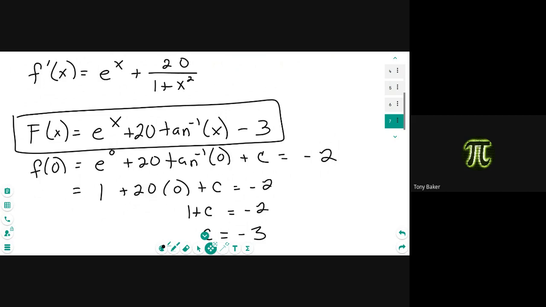They have to give you something. They don't necessarily have to tell you the 0. They can tell you any value. But they have to tell you a value where the graph goes through. Otherwise, we don't know which one it is. It would be any of them. All right. Your turn.